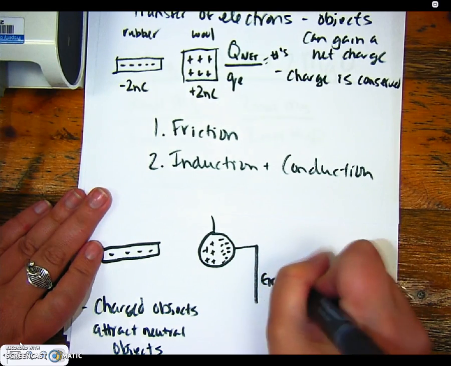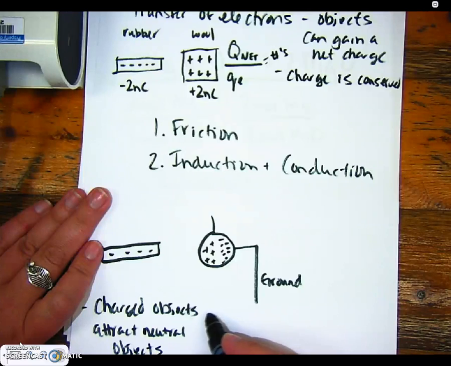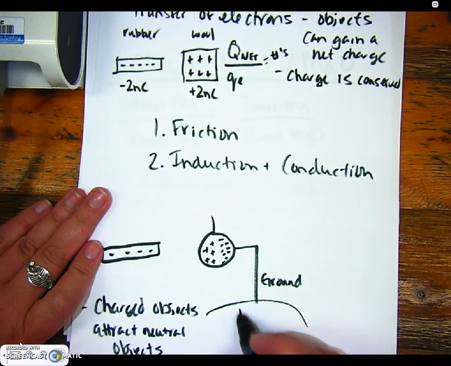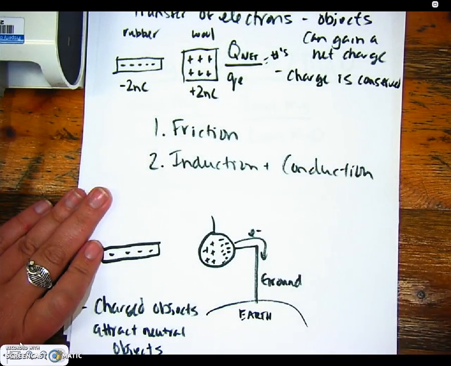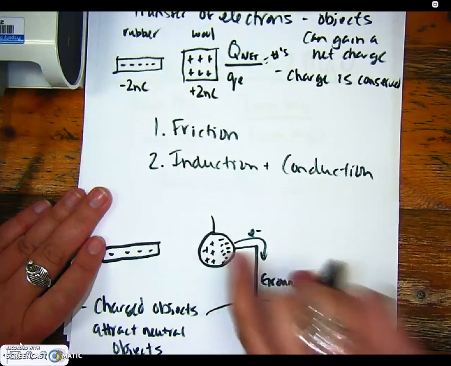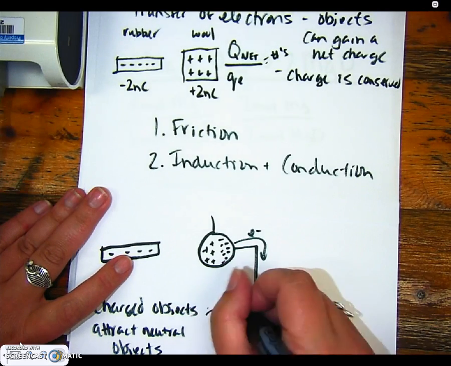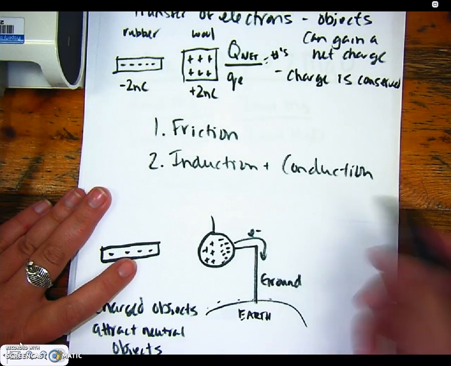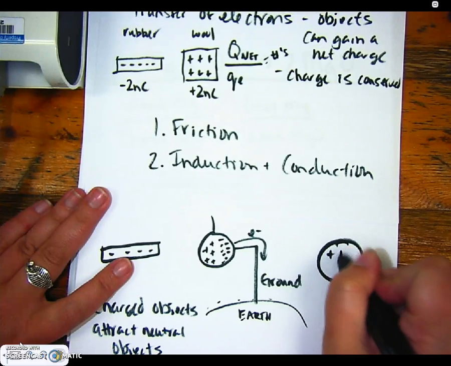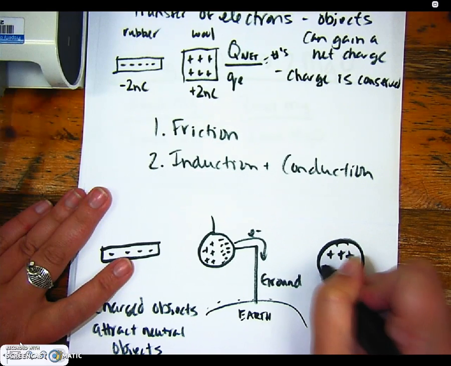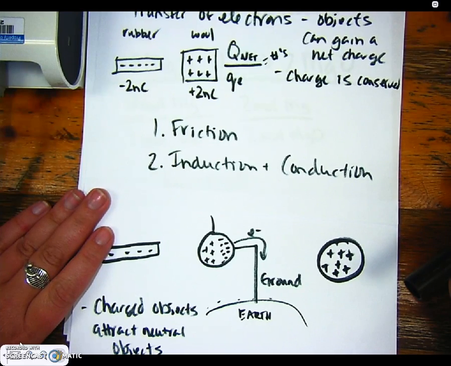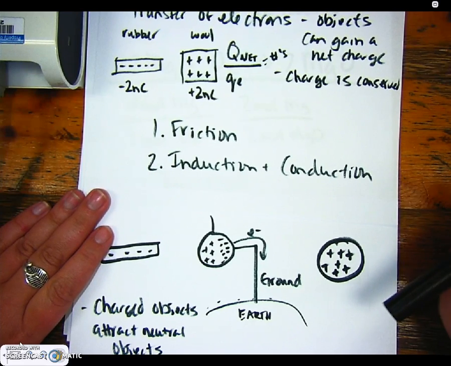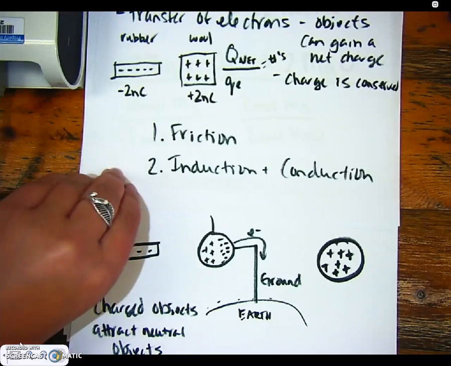So, attach it to something else that's bigger where the electrons would want to flow across, maybe the Earth, or I could just touch it with my hand. Those electrons would flow off of the surface of that sphere in order to spread out, and I would then be left with a conducting sphere that has a net positive charge. So that's the process of charging objects by induction or conduction.